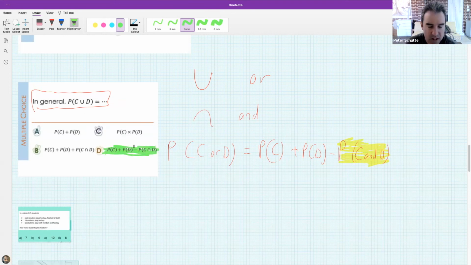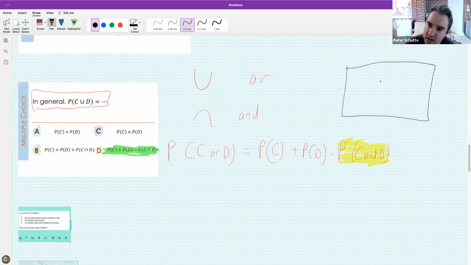So in general, the additive identity says the probability of C or D is equal to the probability of C plus the probability of D minus the bit where they overlap. And the Venn diagram for that is this one. The reason we have to subtract the intersection is we're counting twice.